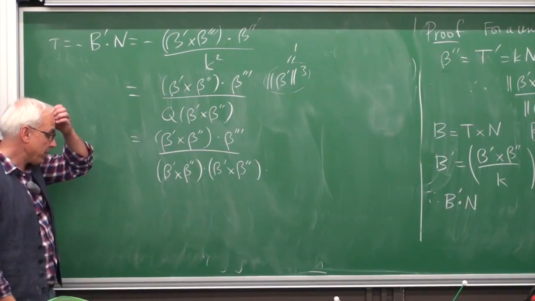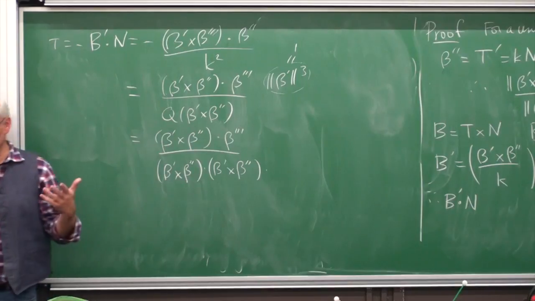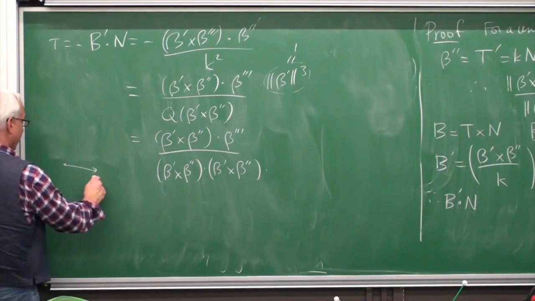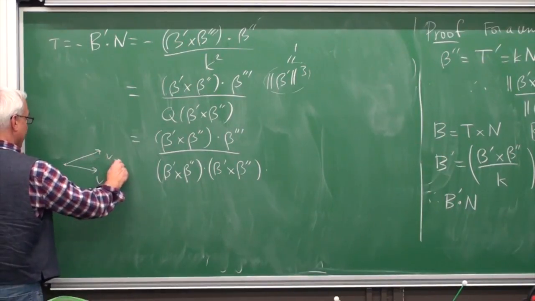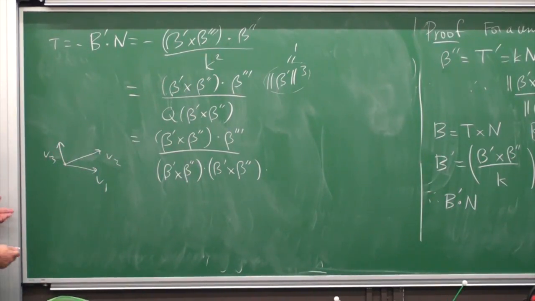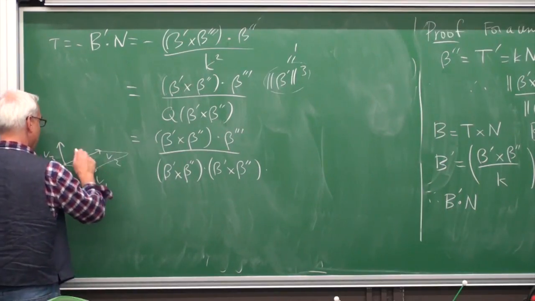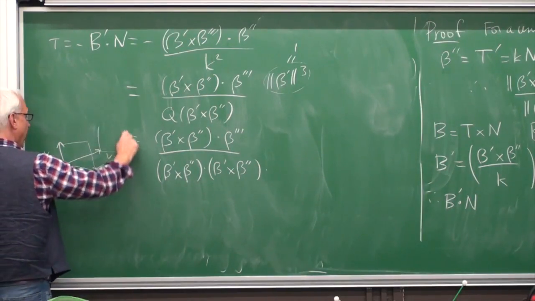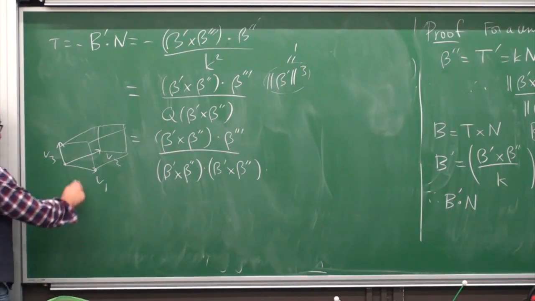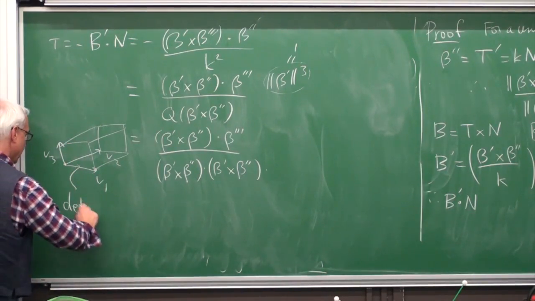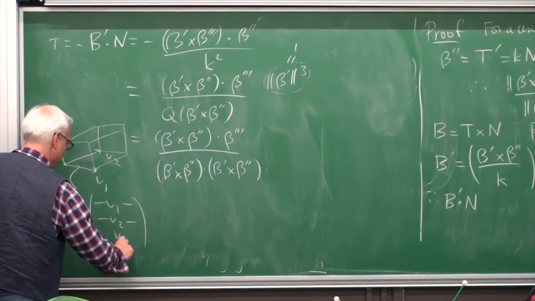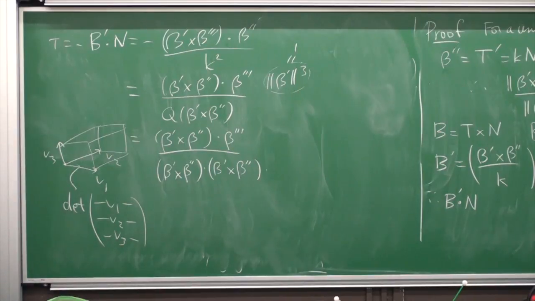And let me remind you what the significance of the triple product is. If we have three vectors, v1, v2, and v3, then when we take this triple product, we're taking the volume of the box formed by those three vectors. So this is the determinant of the matrix that you get by putting the three vectors along the rows.